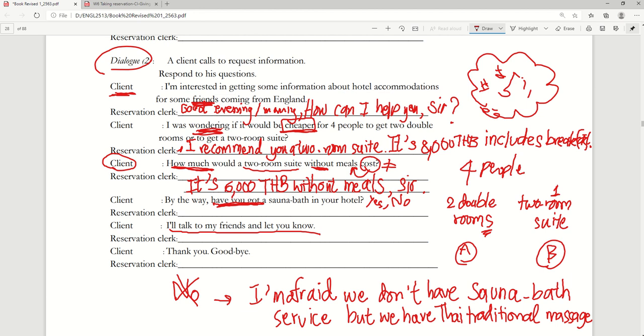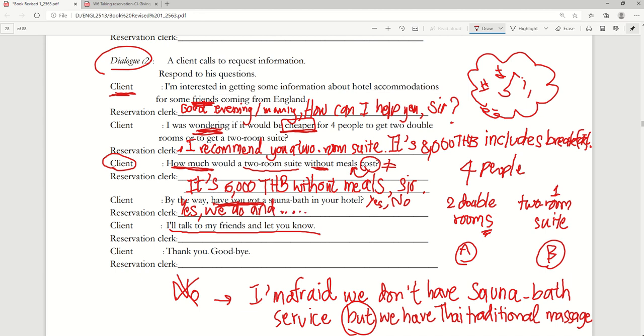So you can say yes, we do, and we also have, or I'm afraid we don't have, but we have. Yes, we do, and dot dot dot. So you have to think about it.